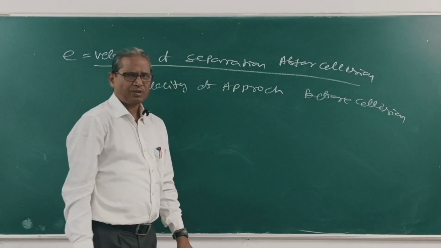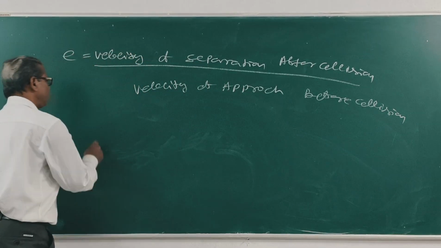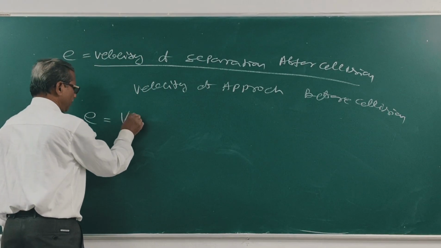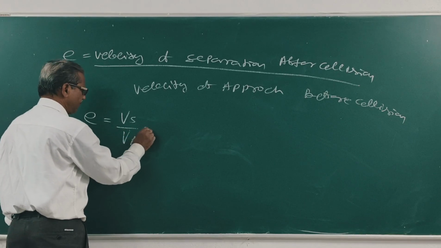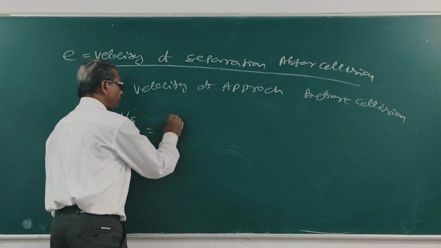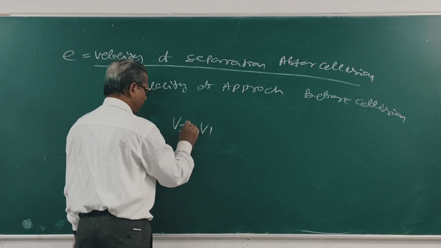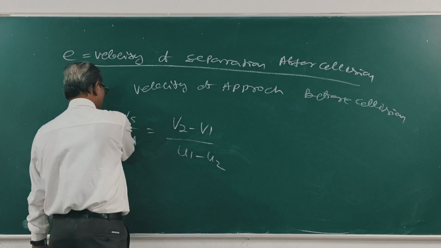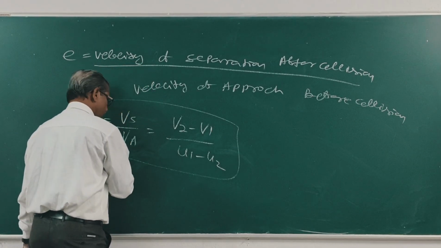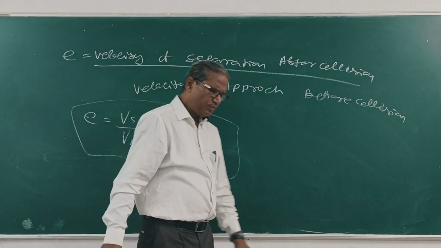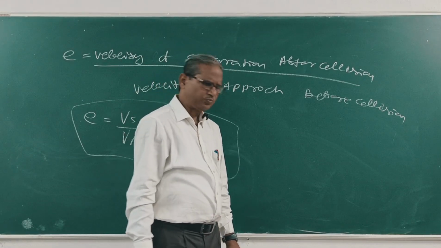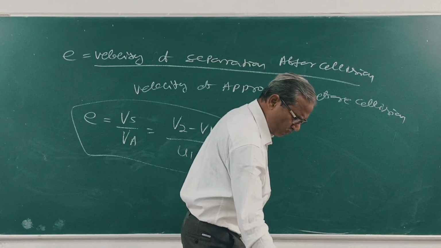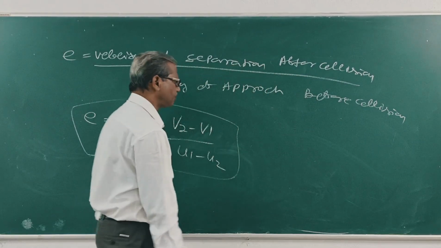Clear? That is e is equal to Vs by Va. What is Vs? v2 minus v1. And Va is u1 minus u2. This is the coefficient of restitution.